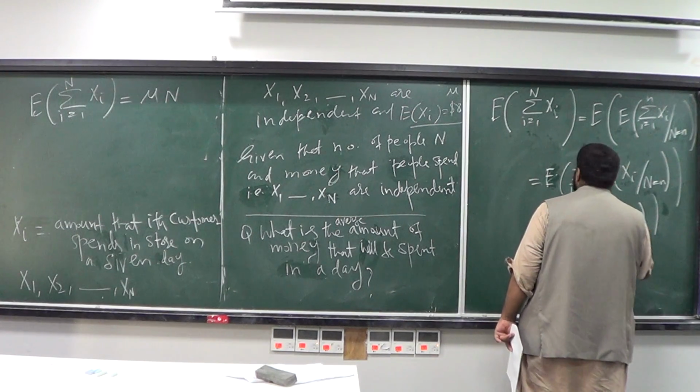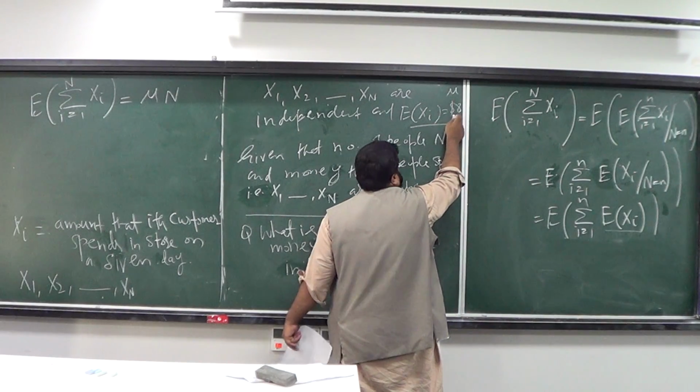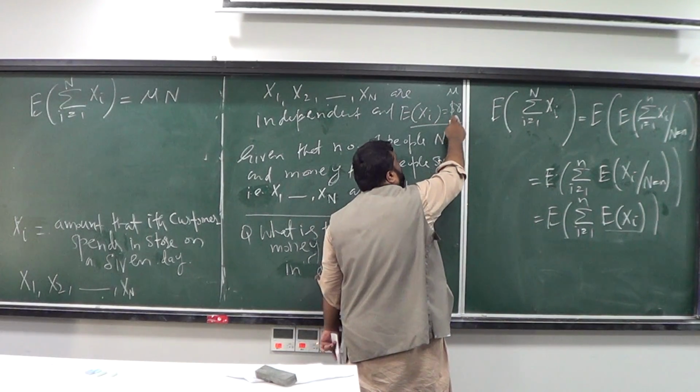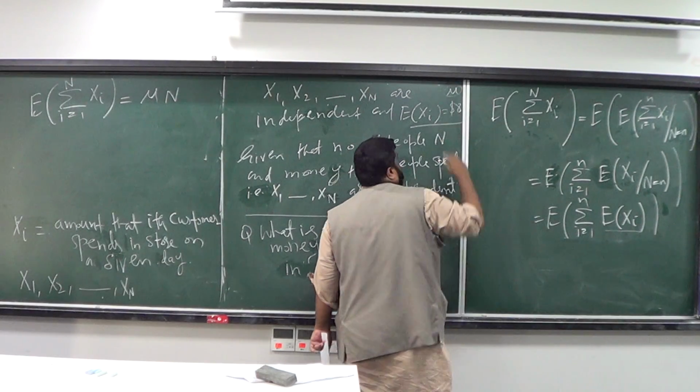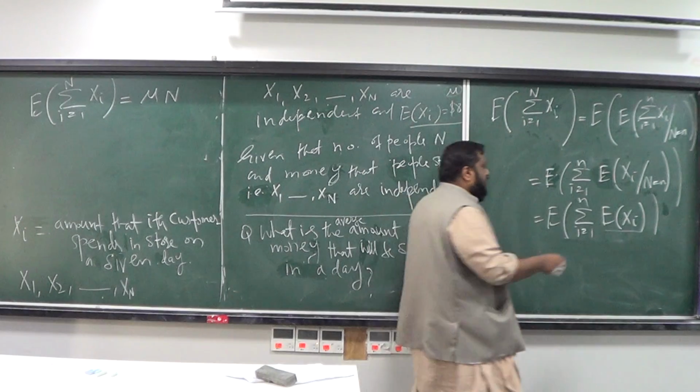Now this expectation of Xi is a fixed number, which is $8. And it's not necessary that it should be $8. You can keep it as, for example, mu first and then substitute $8. So this is fixed.